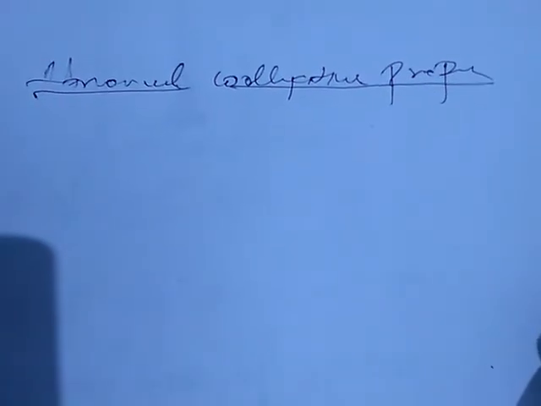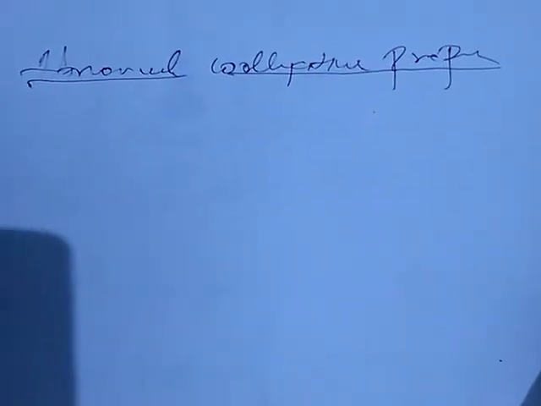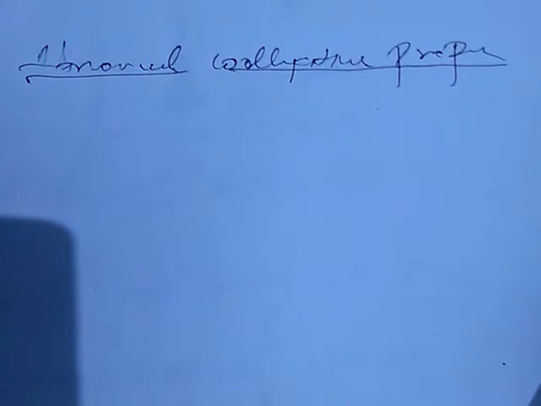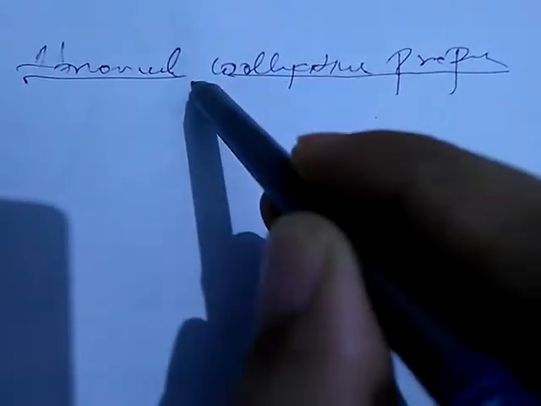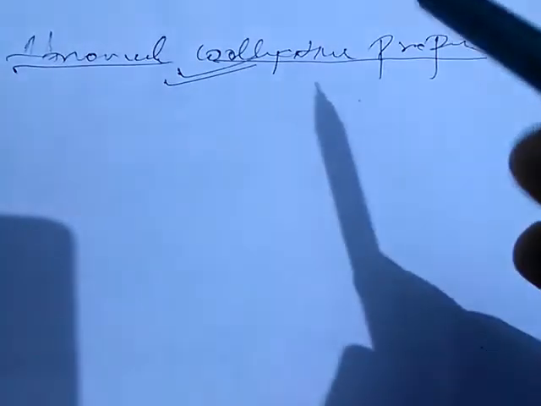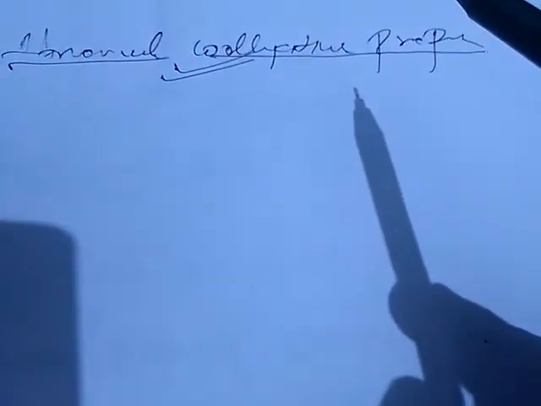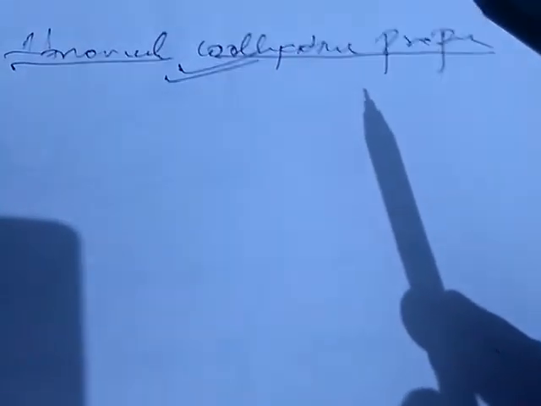As I have previously told, colligative properties are all those properties which depend upon the number of solute particles present in the solution. They don't depend upon the nature of the solute. Keeping this in mind, let's learn about the abnormality in colligative property.